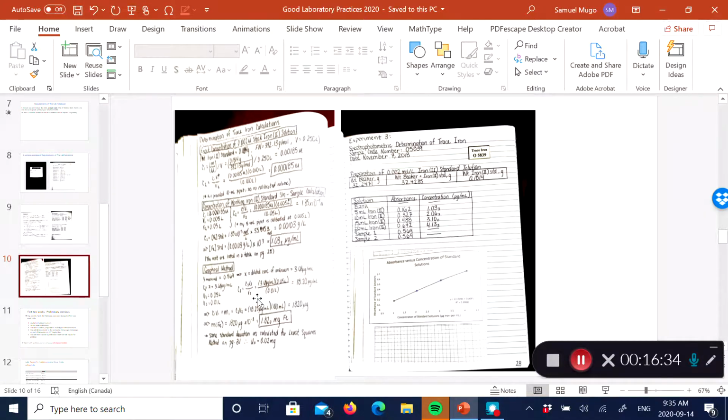You've got the calculations, and you've got the output, in this case the Excel calibration graph, that is glued onto the lab notebook. So again, you can see the completeness of how you should record data and calculations and results in your lab notebook.